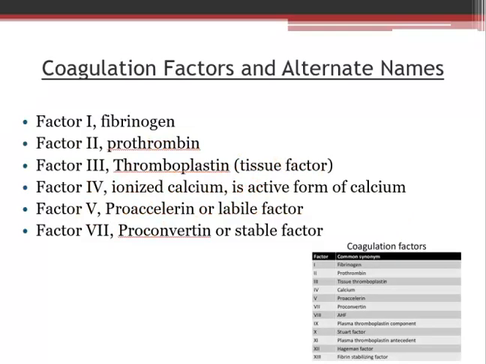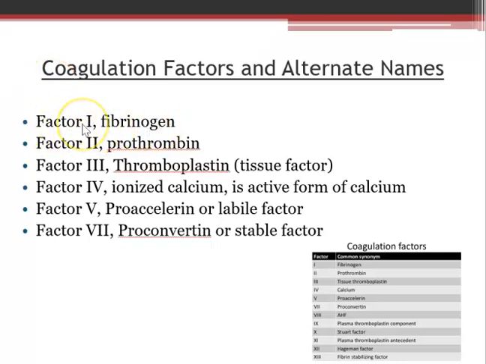I just want to quickly point out that we will be referring to the coagulation factors mainly by their numerical names, but they do have alternate names that you will hear, and I just want to point out a couple that you'll hear.